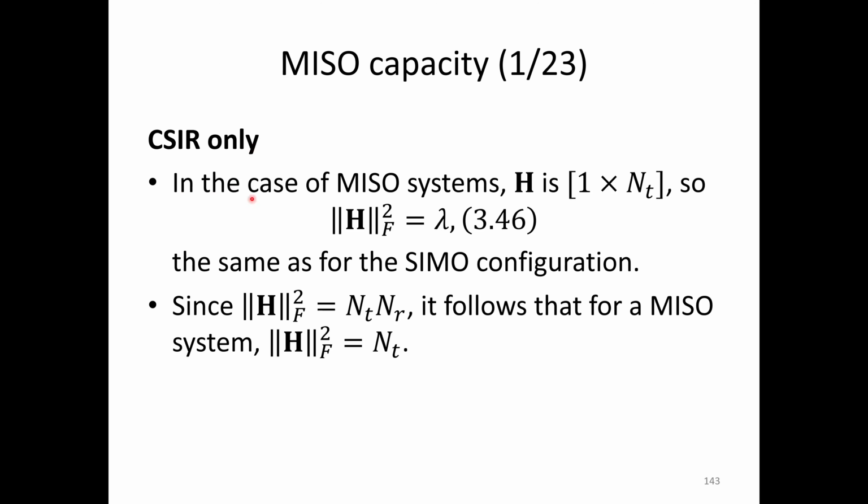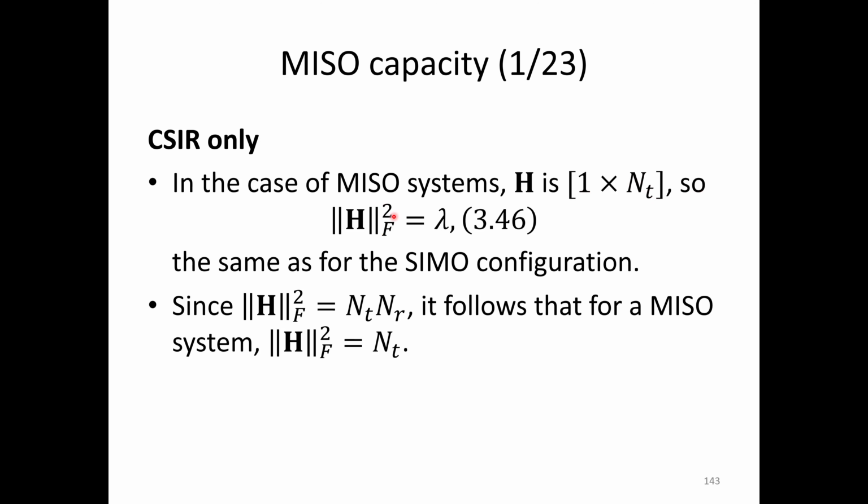In the case of MISO systems, H is 1 by NT, because for MISO systems, the SO means the single output. So this means that the number of receive antennas NR is equal to 1. Please do not forget that H is an NR by NT matrix, not an NT by NR matrix.